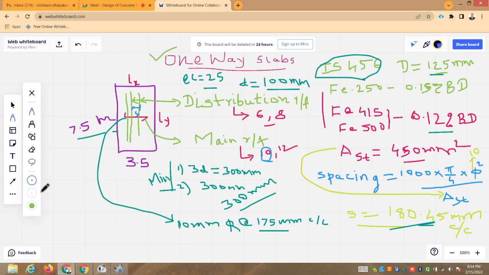So the distribution reinforcement will be 0.12% of BD. B you have to take 1 meter. 1 meter means 1000 millimeters, because you are designing one-way slab panel along the longer span for 1 meter always, into capital D, it is 125.